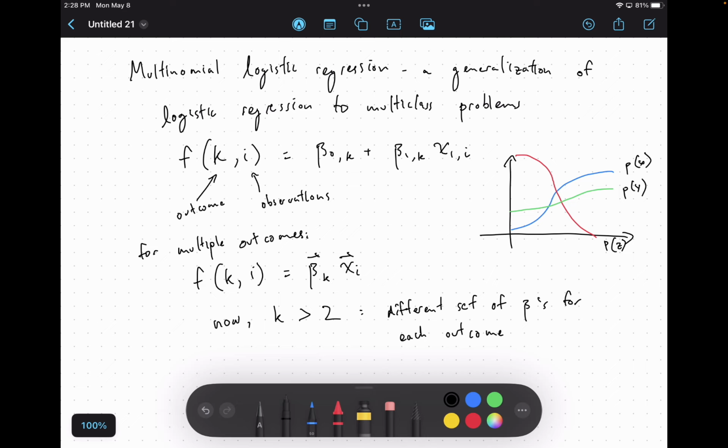All determined by the percentage of Democrats in that region. Yeah. You can get more complicated with more X variables, right? But then you start to run into the same sort of visualization issues as with the linear regression.